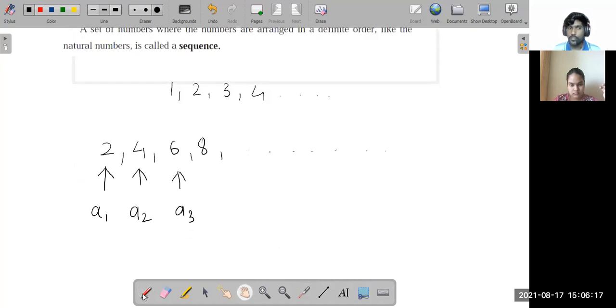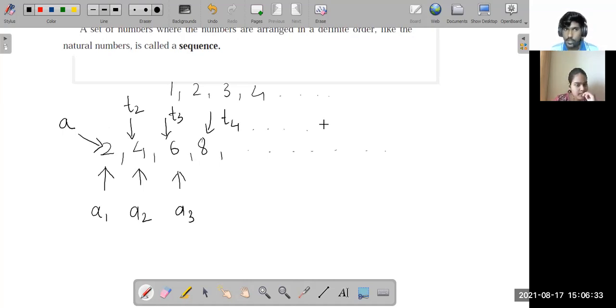There is one more way of representing it. The first position we call just A, then this we call the second term, this the third term, this the fourth term and so on. So the first term is 2, the second term is 4, the third term is 6 and so on.